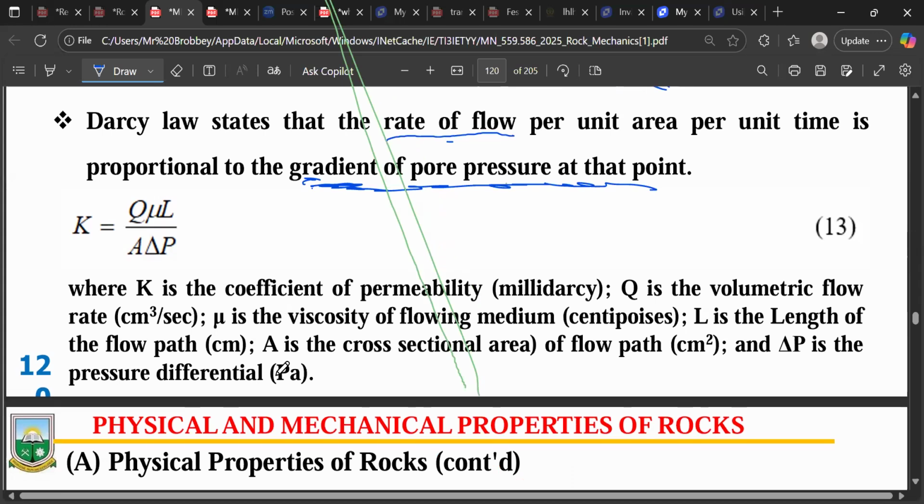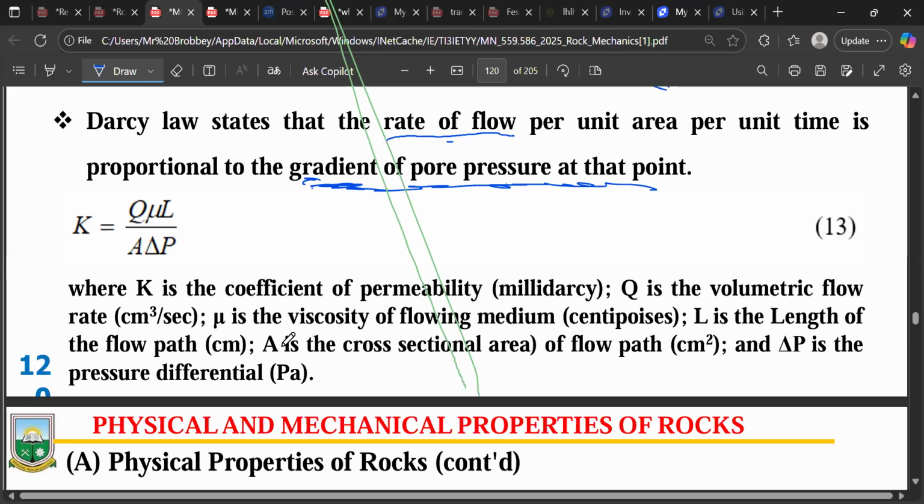Right. You are saying that where K is the coefficient of permeability, right? It is measured in millidarcy. Where Q is the volumetric flow rate, which is in centimeter cube per second. Where mu is the viscosity of the flowing medium, which is in centipoise, right? And then we have L, the length of the flow path, which is in centimeters.